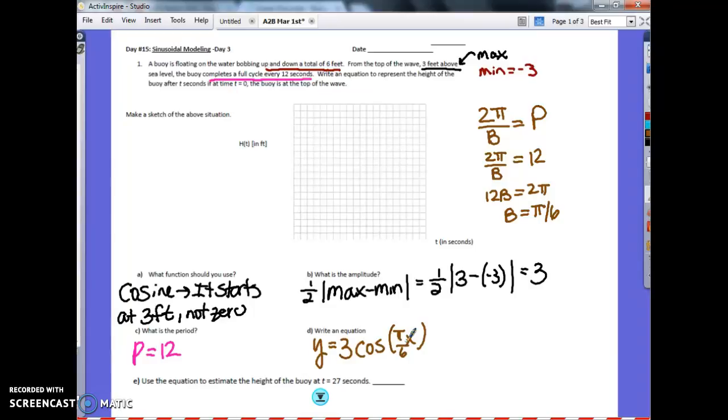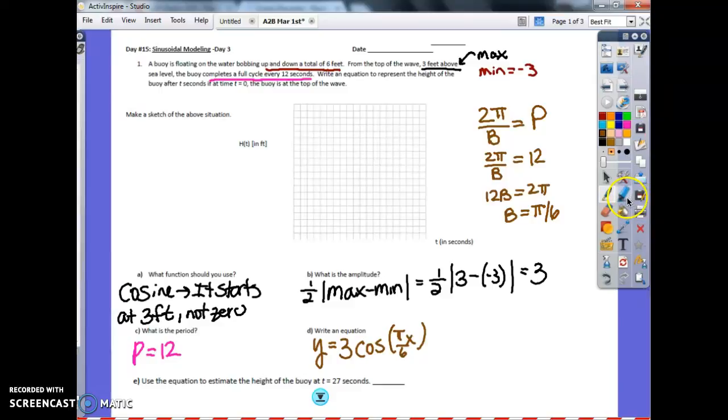Part E, our final question here. Use the equation to estimate the height of the buoy when t equals 27 seconds. Okay, I think it would be easier to see the graph before we do that. So let's set up our graph right now.